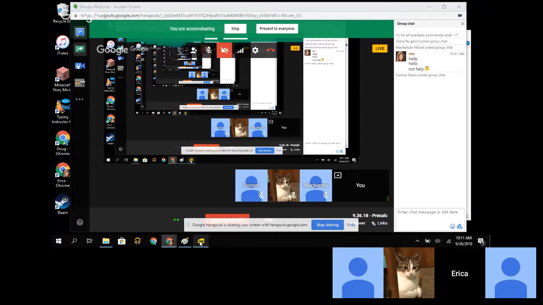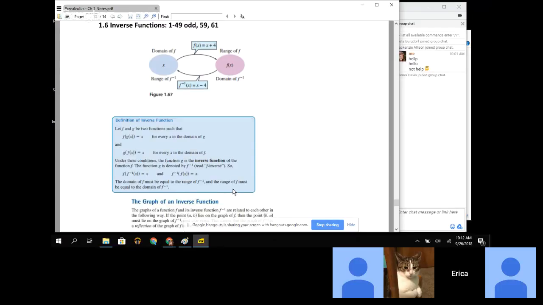Okay, so that's what an inverse function is. Now, the technical definition of an inverse function is that if you have functions f and g, and f of g of x equals x and g of f of x equals x for every x in the domain, then these functions, f and g, are inverse functions.